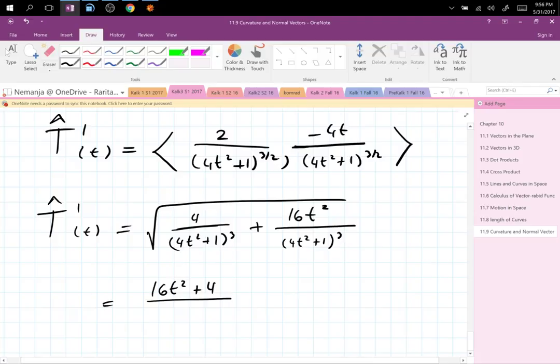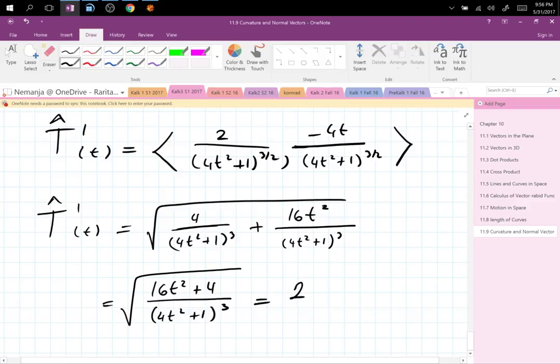When you add them, they already have a common denominator, the square root, and if you kick out 4, it goes out as 2.